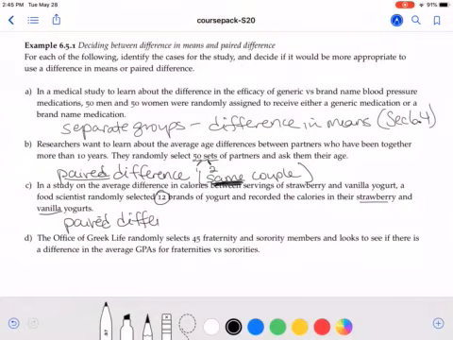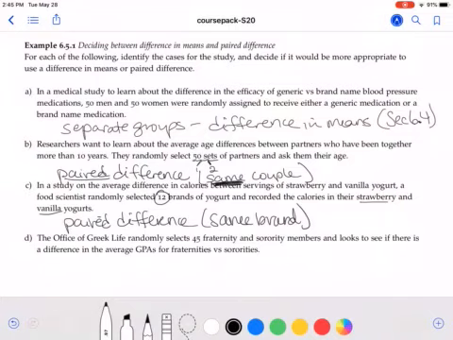And this is merely because of the fact that we are looking at the same brand. So maybe one type of brand tends to have more calories for both their vanilla and strawberry. A different brand has lesser calories. If we had selected 12 strawberry yogurt of whatever brands and then a different 12 brands of whatever vanilla yogurt, they would be independent. But because they're from the same brand, they're paired.